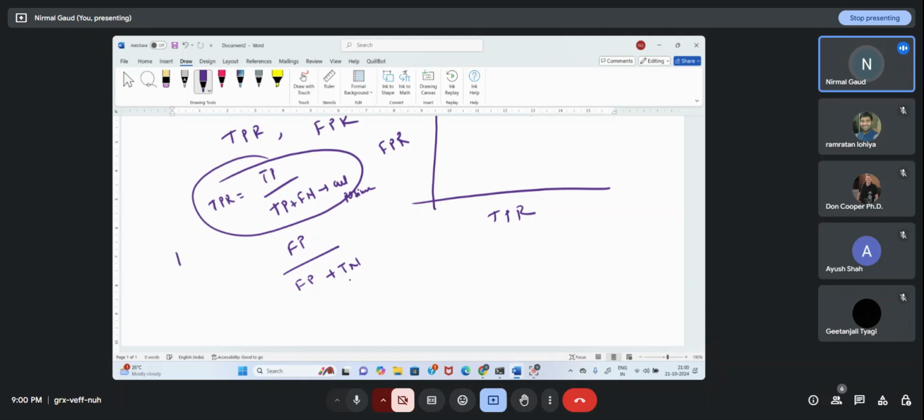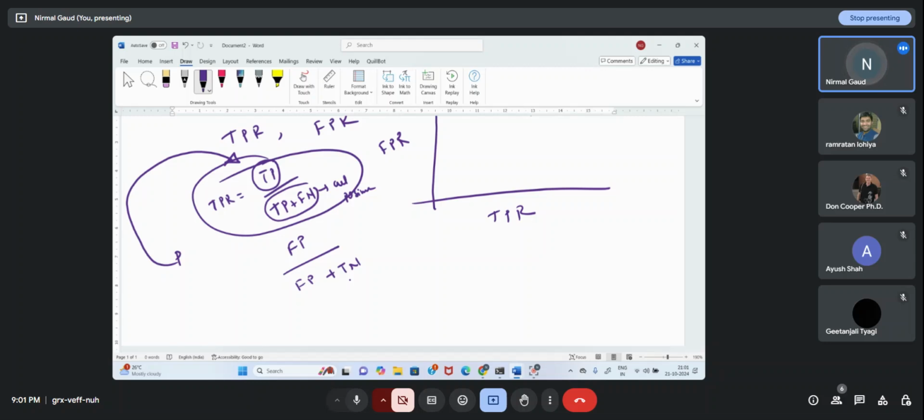Our class is P. So the number of instances correctly classified for P is given by TP upon TP plus FN, because these are the total positives, and these are the ones correctly classified as P. So that is TP upon TP plus FN, true positive upon true positive plus false negative.